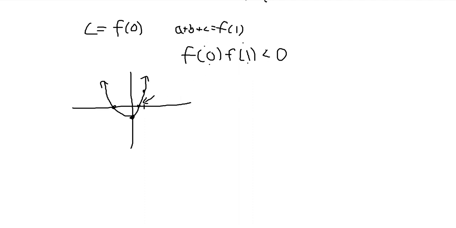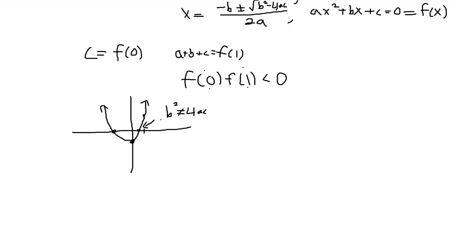And obviously, since this inequality is strict, neither of these numbers is 0, so we know that b squared minus 4ac is not equal to 0. So b squared is not equal to 4ac. So that's one case. In this case, we know that b squared minus 4ac is greater than 0.